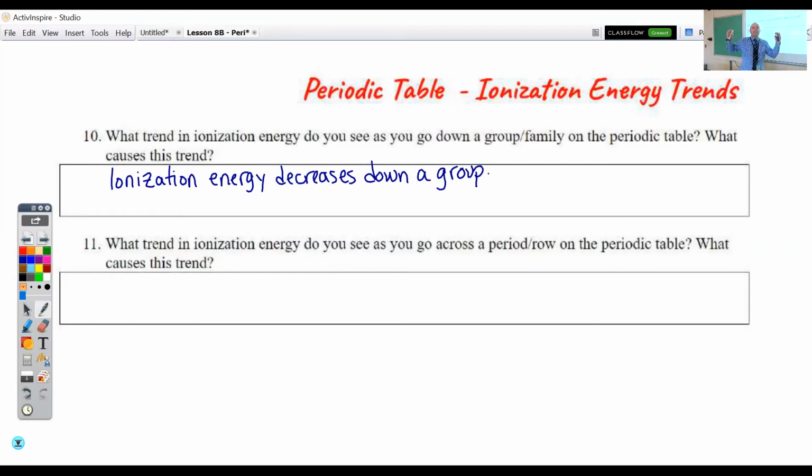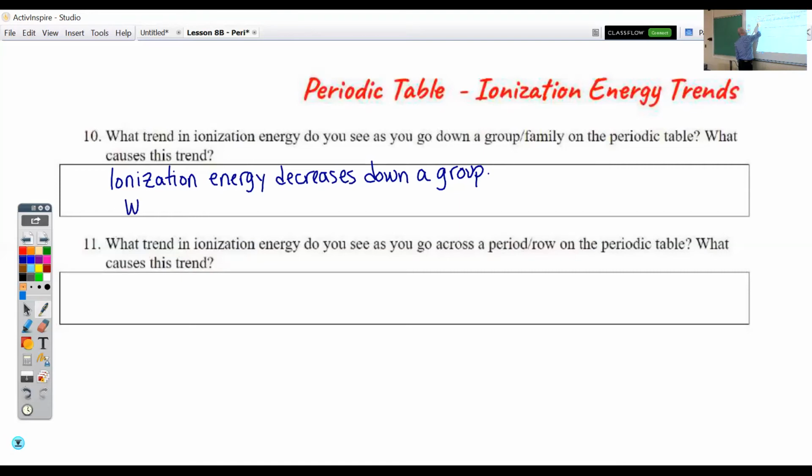And that's because as the atom gets bigger and bigger and bigger, the electrons in the outermost level are very far away. So here's the nucleus, here's those outer electrons, they're very far away. So it's easy for an atom to come by and steal that electron.